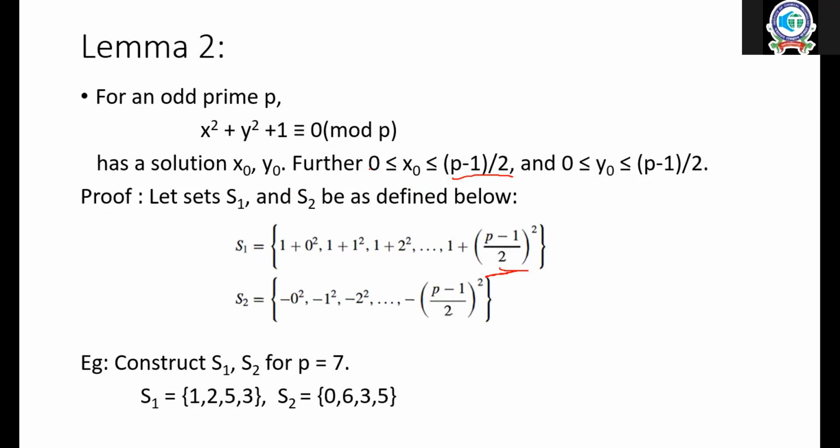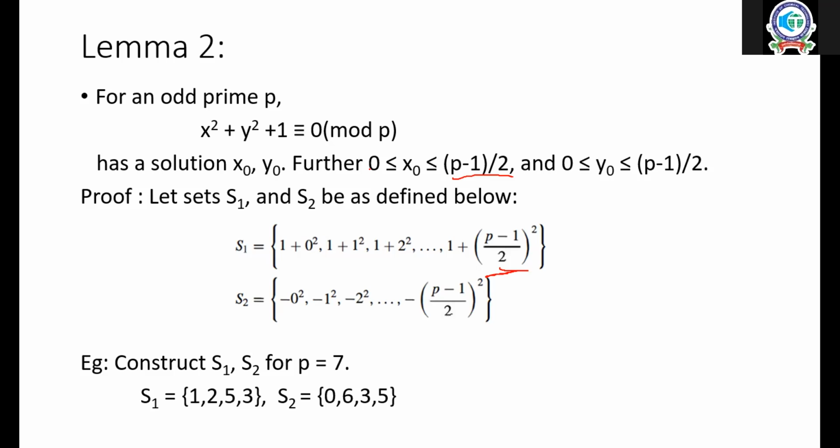Good. S1 is equal to 1 plus x square, where x belongs to 0, 1, 2, 3 up to (p minus 1) by 2, or 0 less than or equal to x less than or equal to (p minus 1) by 2.